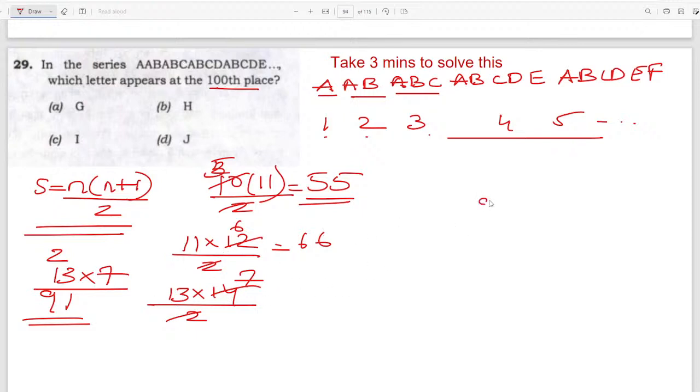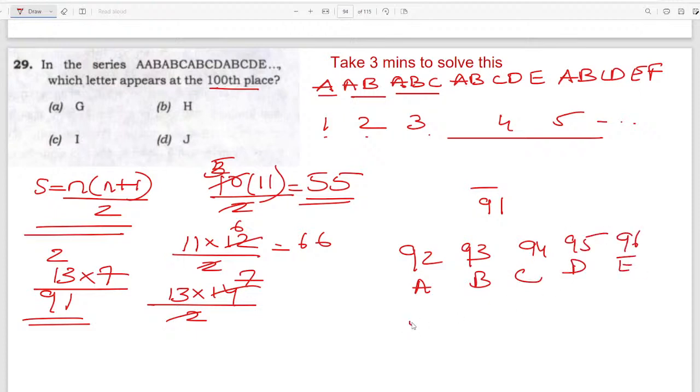So the 91st term would end here, the 92nd would start with A, 93rd with B, 94 C, 95 D, 96 E, 97 F, 98 G, 99 H, and the 100th is I. I hope this is clear.